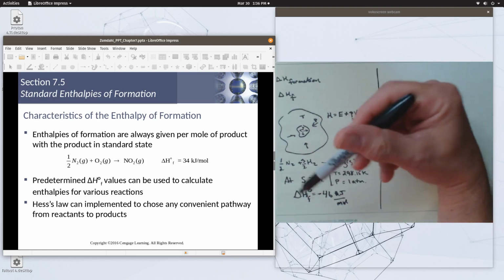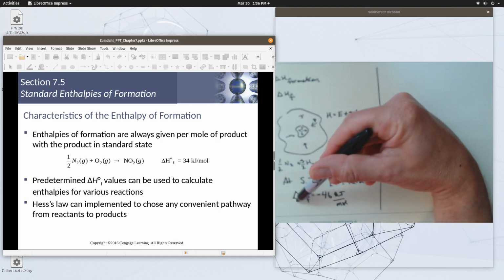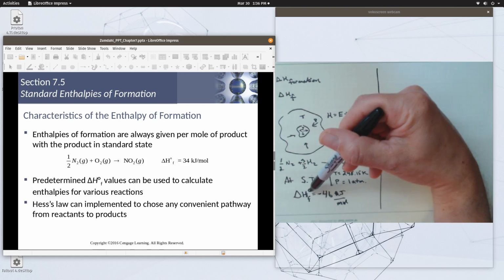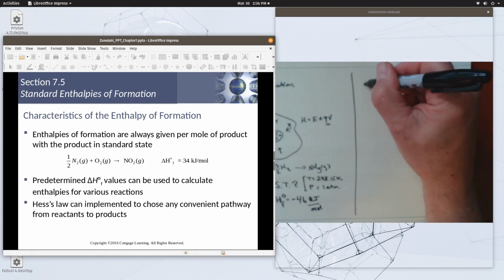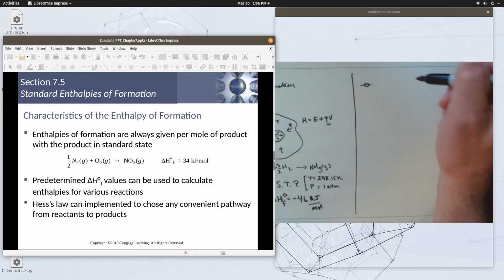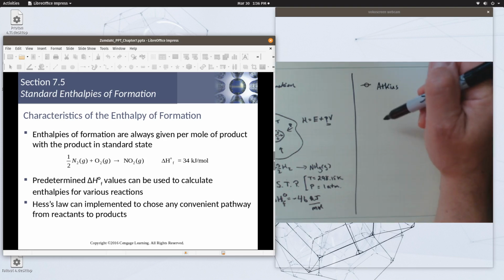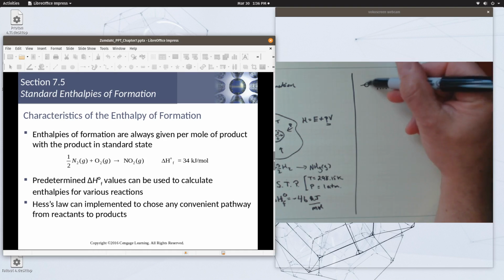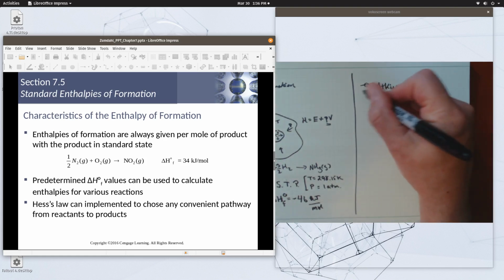Different textbooks will use different notations, in case you see different notations for this, but generally this is a fairly standard notation for the standard state. Other textbooks might use a symbol that looks like this for the standard state. For example, Atkins likes to use this symbol. I actually don't like to use it because I don't have a symbol for this on my computer.